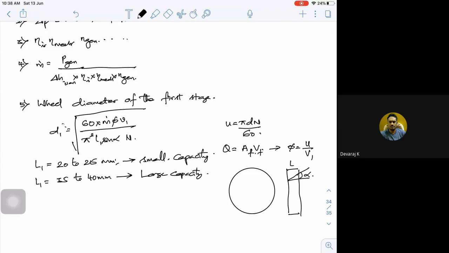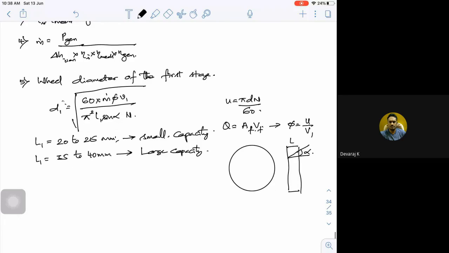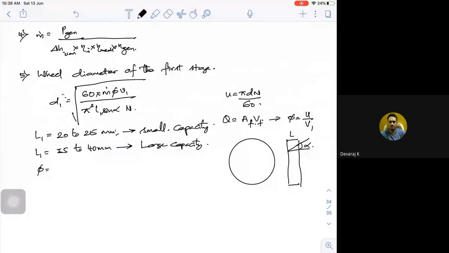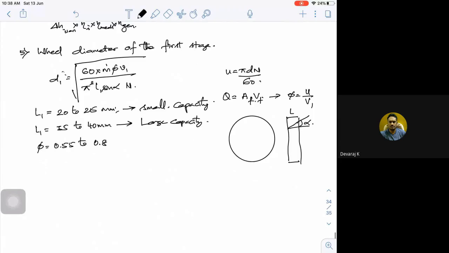And what will be the value of phi? The phi value for an impulse machine will be low, but for impulse reaction machines, this will be around 0.55 to around 0.8. And what about alpha? Your upper limit of around 22 degrees is fine, but on the lower side you can't have a very low angle, so this will be around 16, 17 or 18 degrees.